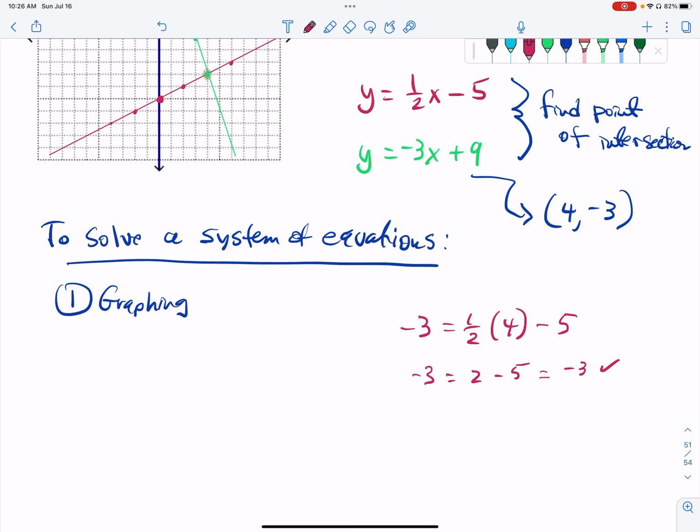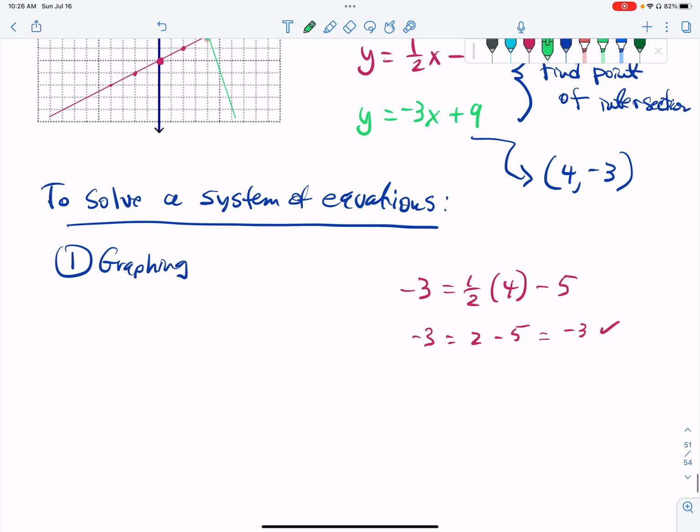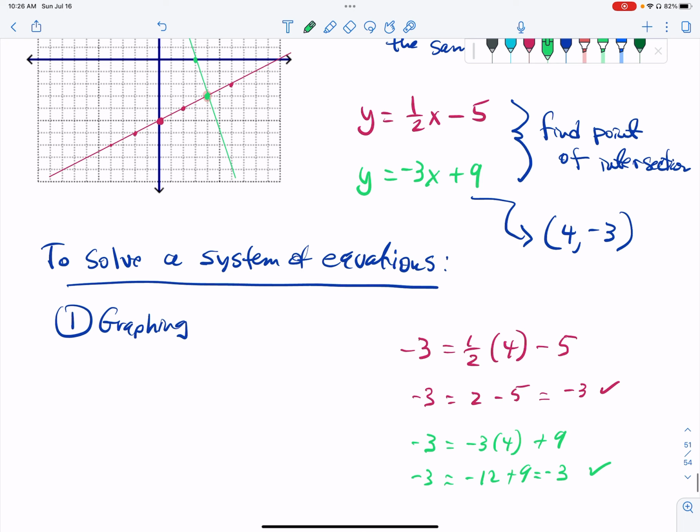Then if I plug it into the bottom one, the green one, again my y coordinate, negative 3, is equal to negative 3 times 4, plus 9. Negative 3 times 4 is negative 12. Bring down this negative 3, and then plus 9. Negative 12 plus 9 gives us negative 3. Equals negative 3. Checks out. That's essentially what it means to be the solution to a system of equations, and the first way to find that, of course, is through graphing.